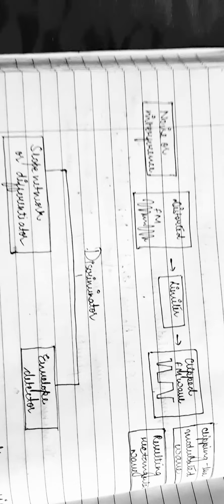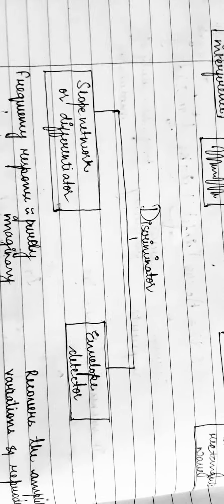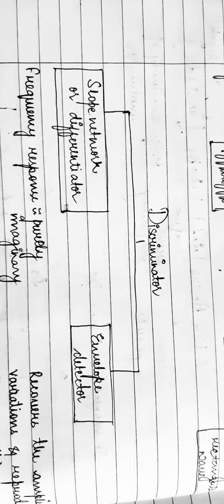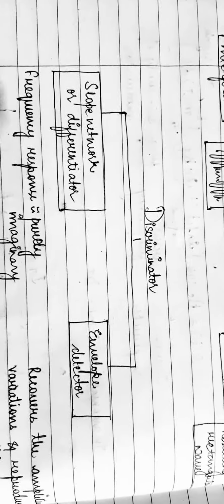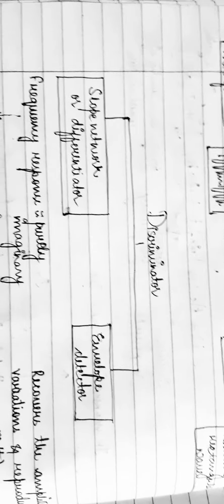Now after this, we have the discriminator. Your discriminator consists of two parts. First is your slope network, or we can say differentiator, and second one is your envelope detector. In the slope network or differentiator, the frequency response is purely imaginary, so the amplitude varies linearly with the frequency.